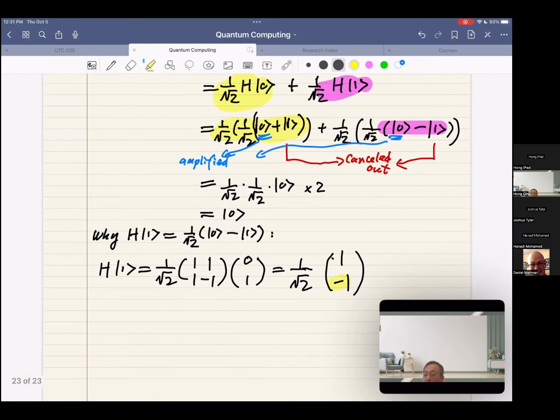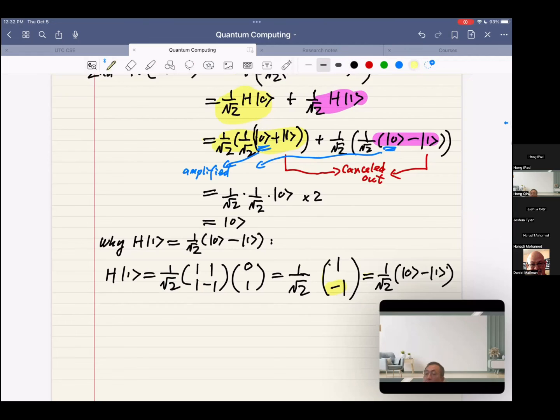The first bit is a 0, second bit is 1. So this basically is cat 0 minus cat 1. That is why we have this negative 1 here.